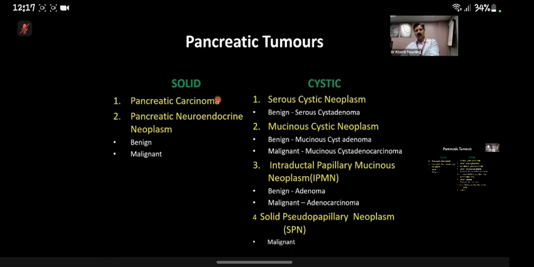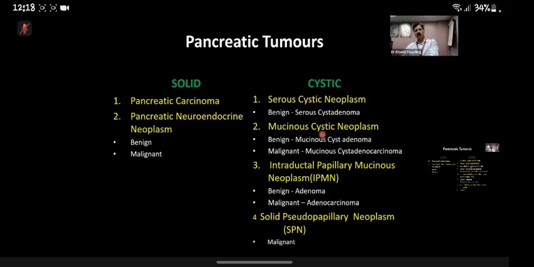So just a recap, in the solid, we have covered pancreatic carcinoma and pancreatic neuroendocrine tumors, and they can be benign and malignant, and they enhance and they show more calcification. And we have covered gastrinomas, etc. Cystic neoplasm, serous cystic neoplasm is that grandmom tumor, no malignant potential.